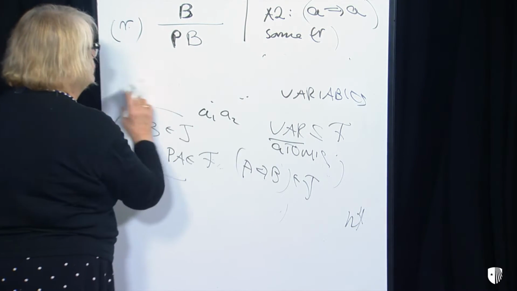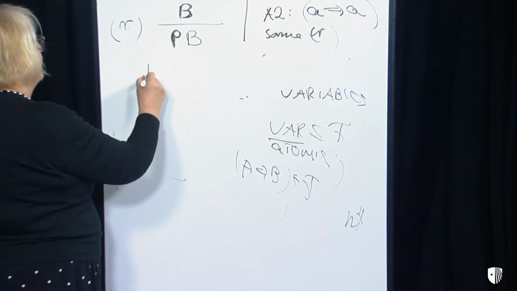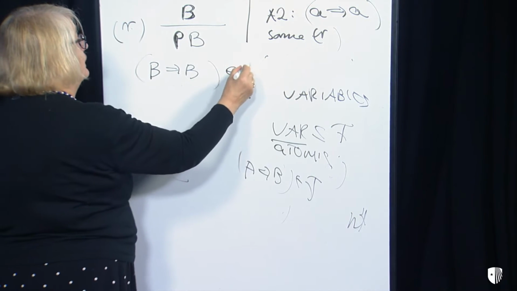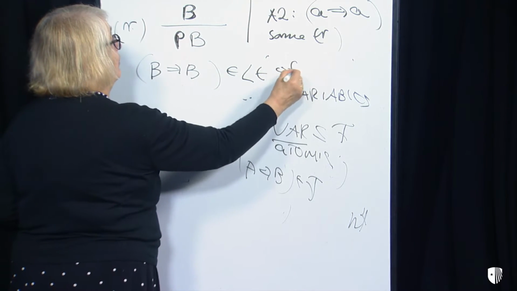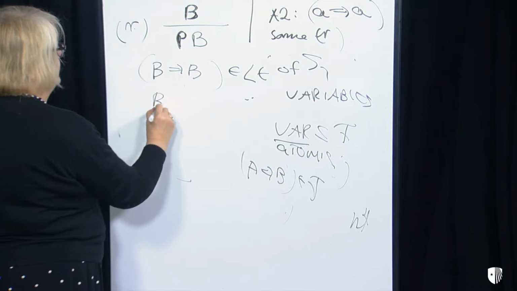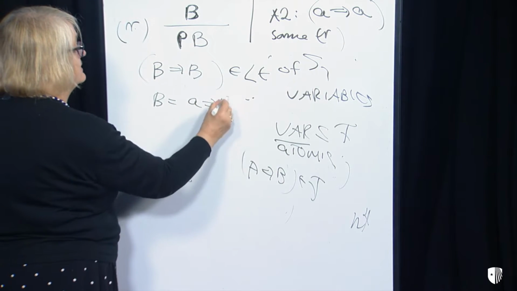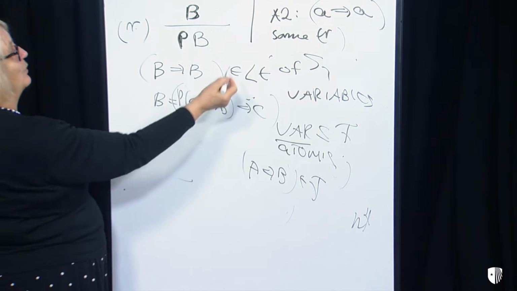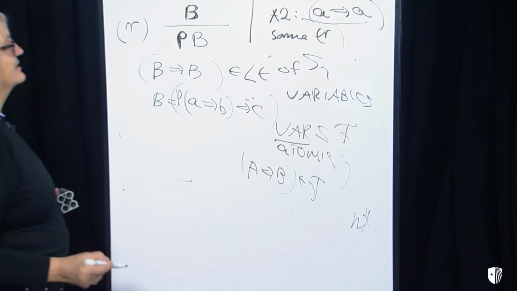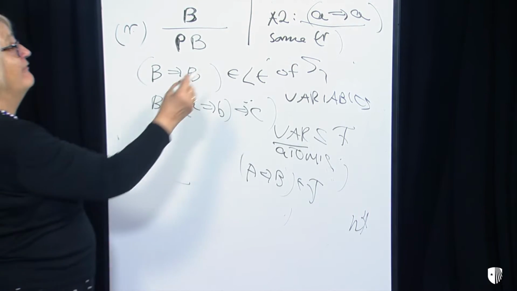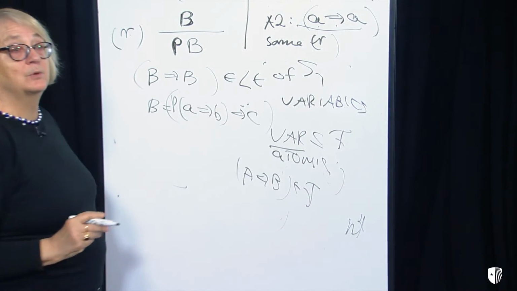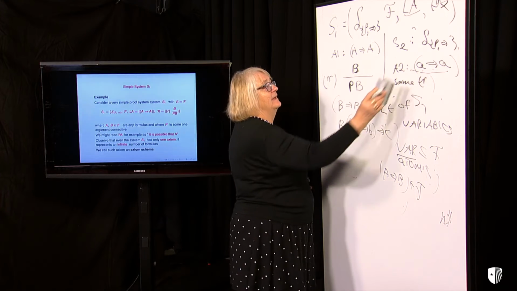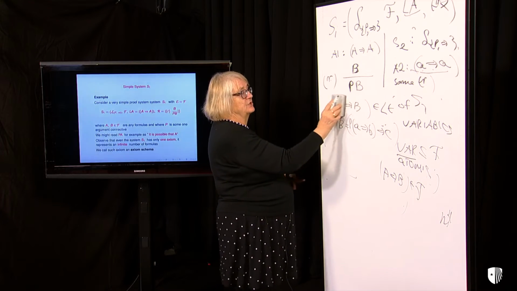So, of course, if I write a capital letter, that is not a logical axiom of S2, because B, for example, can be A implies B, or P implies C, a complex formula, where in S2 the only axiom can be variable implies variable. So you prove different things in this system; it is a much richer system.